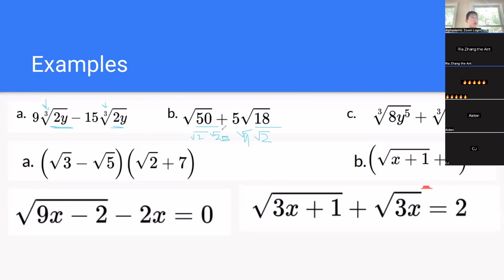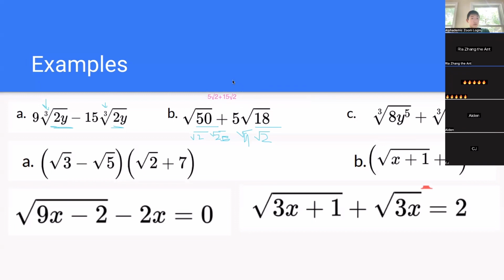So all of a sudden, you have two numbers that can be combined. You have 5 root 2 plus 15 root 2.